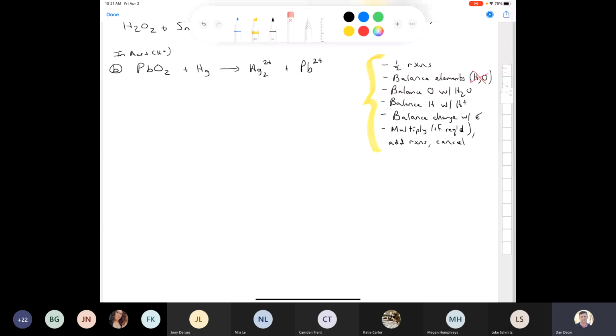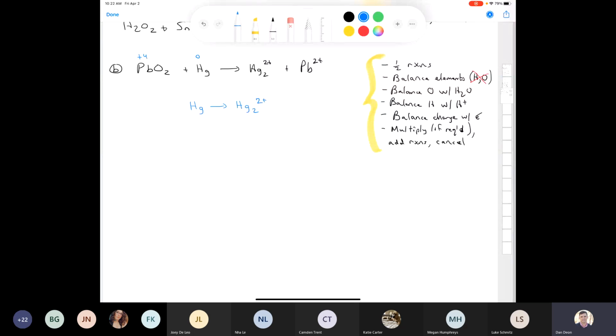So we have our lead 4 oxide, right? We know the oxidation number of the lead here is +4, and here it's 2 plus. This is 0, and it's going from 0 to +1, because there's 2 mercury. So anyhow, let's put our oxidation reaction, which is Hg produces mercury 2 plus, like that.